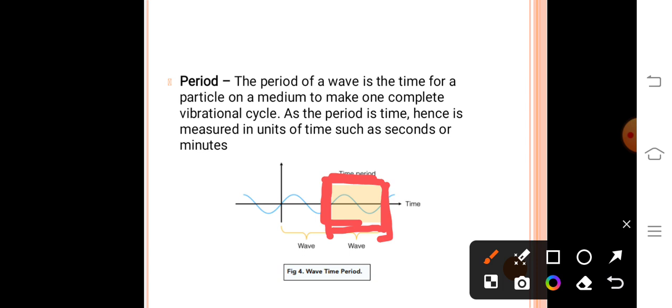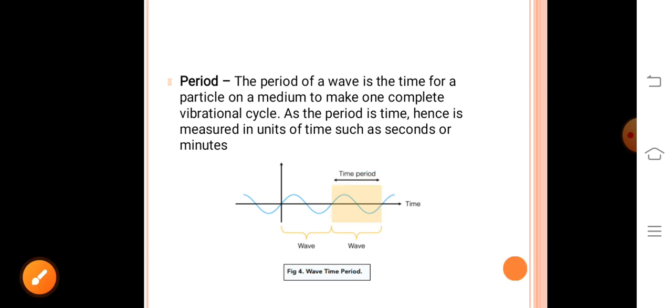It is called the time period. As the period is a time, the unit of period is second or minute.